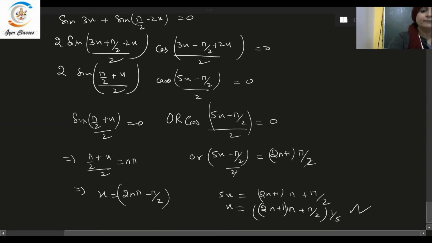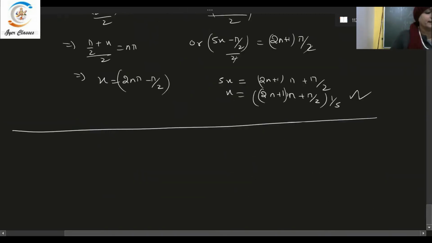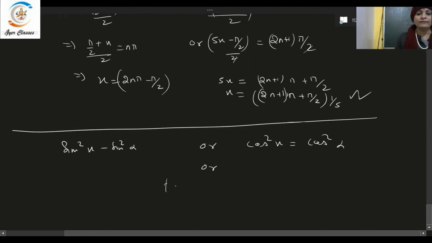Okay, now we come to the next general formula. The next general formula is, you have got sin square x is equal to sin square alpha, or you have got cos square x is equal to cos square alpha, or you have got tan square x is equal to tan square alpha.